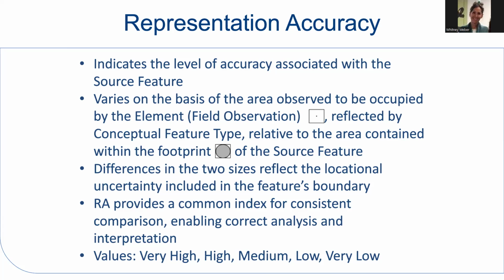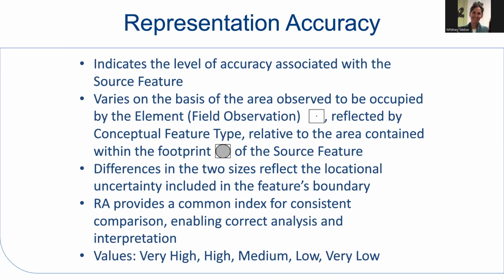So representation accuracy varies on the basis of the area that was observed to be occupied by the element, reflected by that conceptual feature type, and how large that area is relative to the area contained within the footprint of the source feature. So that final mapped source feature, what is the footprint of that compared to the size of what you observed in the field?